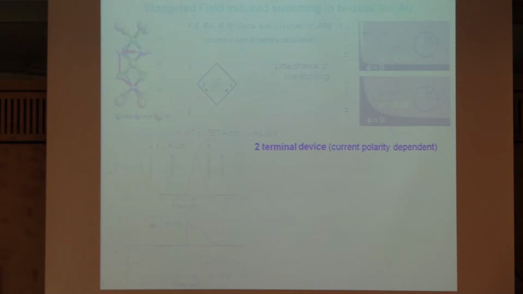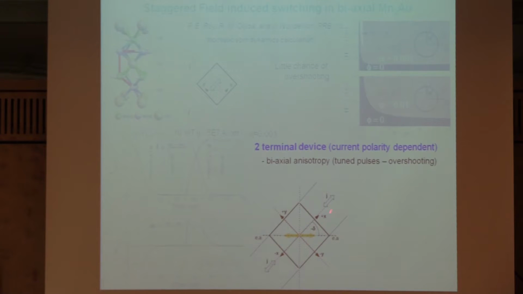However, I want to show you also that you don't necessarily require a 4-terminal device to switch, but it's also, in principle, possible with a 2-terminal device. And of course, one can say we have this precessional kind of precession, but if the pulse is really well tuned, then you should be able to just overcome one of those anisotropy maxima, which are along these red lines here, and you can switch your L vector from this direction to this direction.